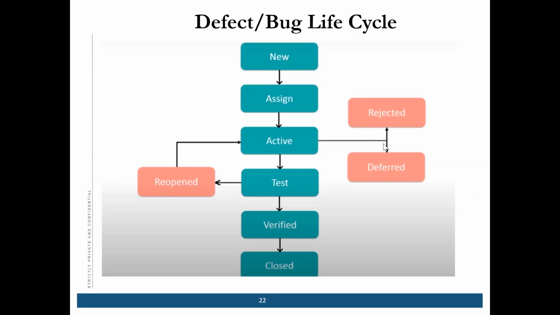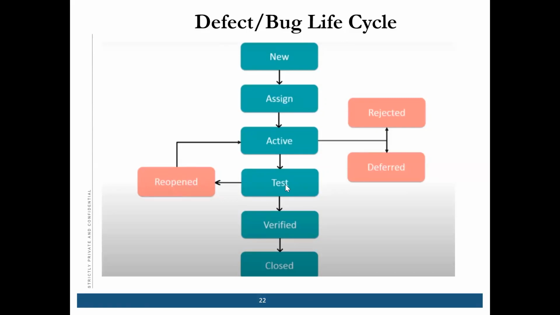And there is one more thing called duplicate. If two defects are raised by different people but are the same type of defect, then we mark it as a duplicate defect. If it is a valid defect, it will become active, then it will be fixed, and then given again to the tester for testing.